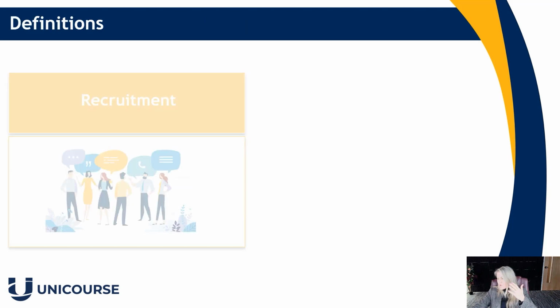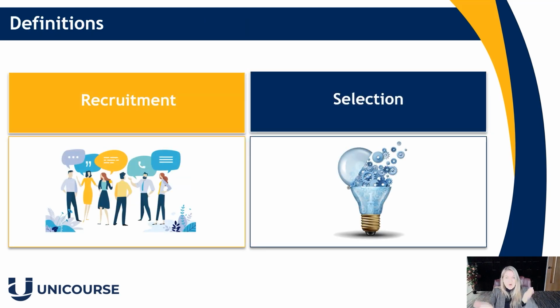Although recruitment and selection are two separate processes, considerations in one process could ultimately shape the activity in another. That's really important to bear in mind when you're thinking about the two separately. It's also important to think about the different recruitment methods.